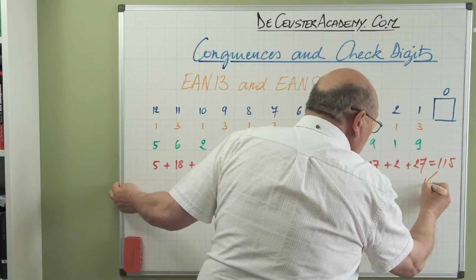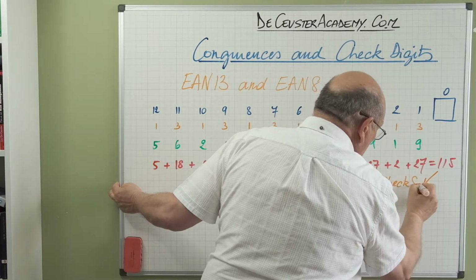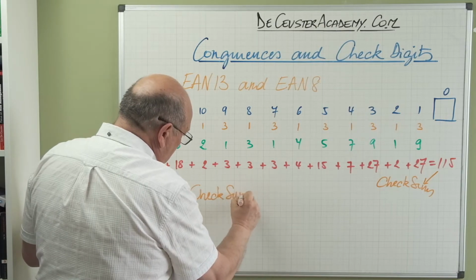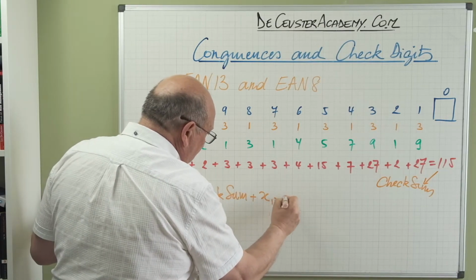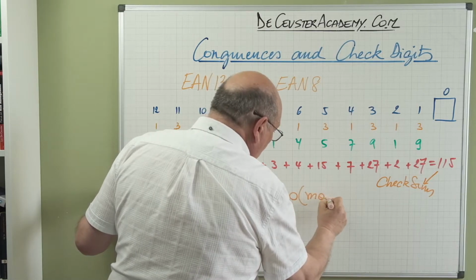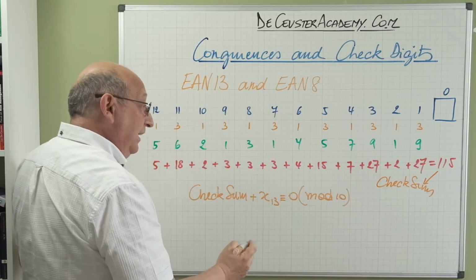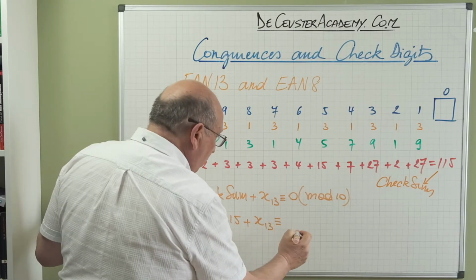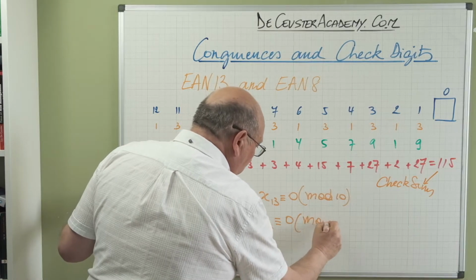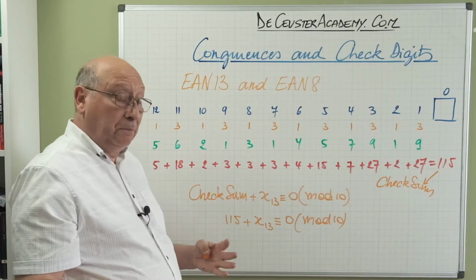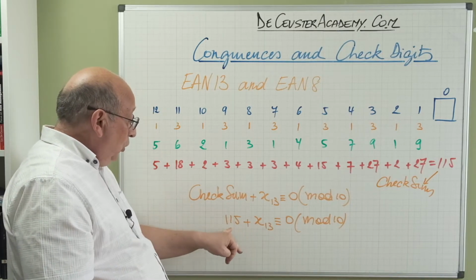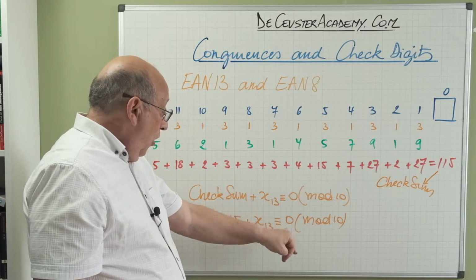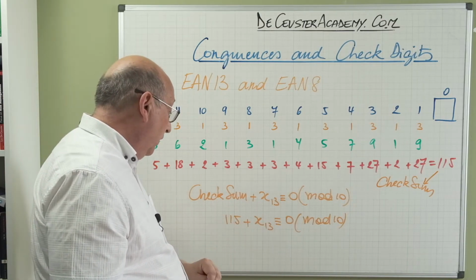So this is the checksum, and we have checksum plus x13 is congruent 0 modulus 10, and the checksum is 115 plus x13 is congruent 0 modulus 10, which brings us to the x13 to bring 115 to the closest multiple of 10.